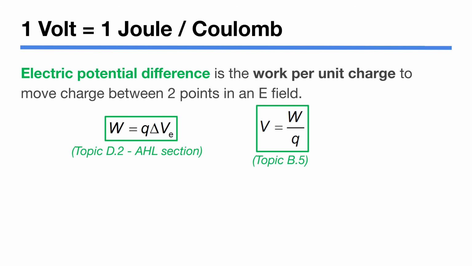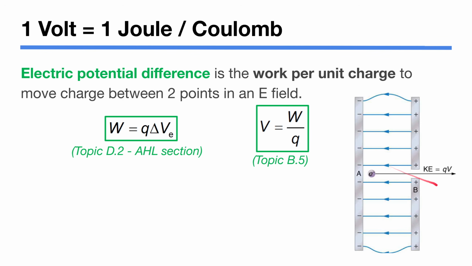Here's the one that everybody has in B.5, with the circuit stuff, where voltage is work per unit charge. D.2 is officially an HL section, but I like this version better. This is the same equation, but here they write delta V_E to emphasize that it's the electric potential difference. And you could multiply charge by an electric potential difference to get work, because that's what a volt is.